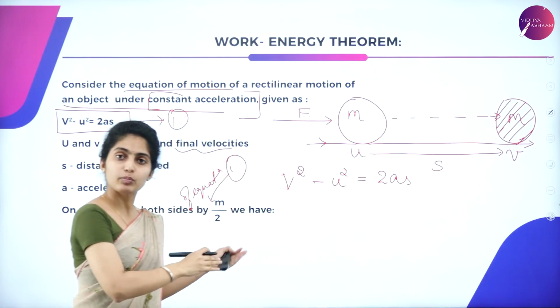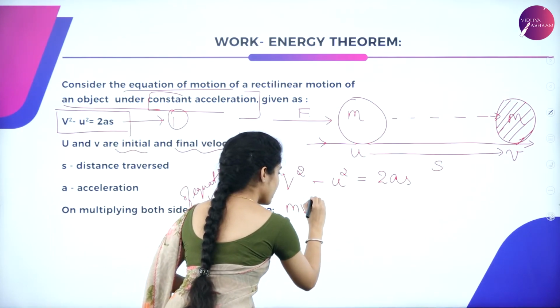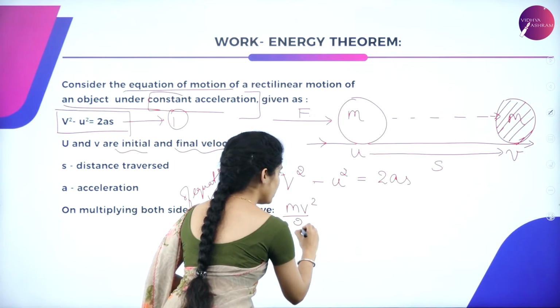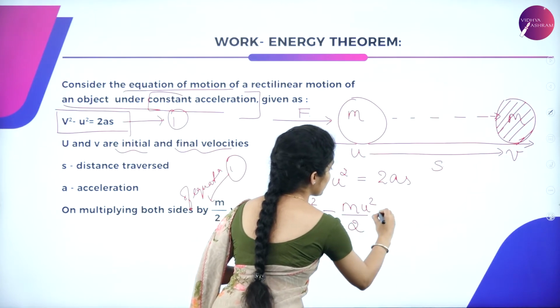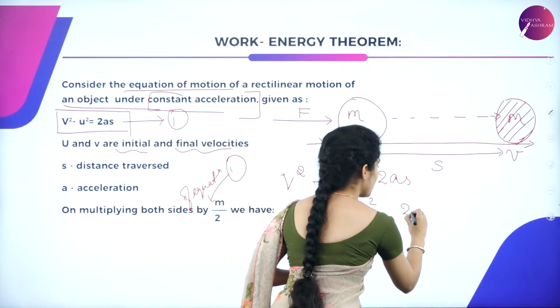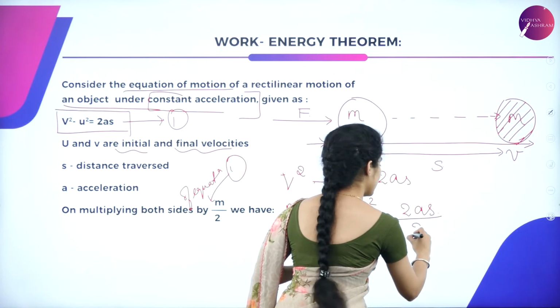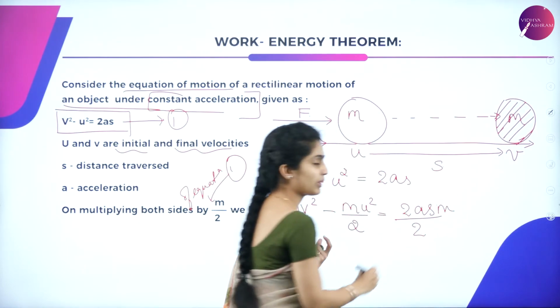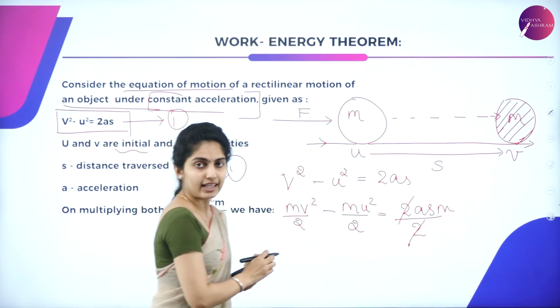You're multiplying both the sides by m by 2. So you have got mv square by 2 minus mu square by 2, which is equal to 2 into a into s, divided by 2, and again multiplied with m. So the 2 and 2 get cancelled.